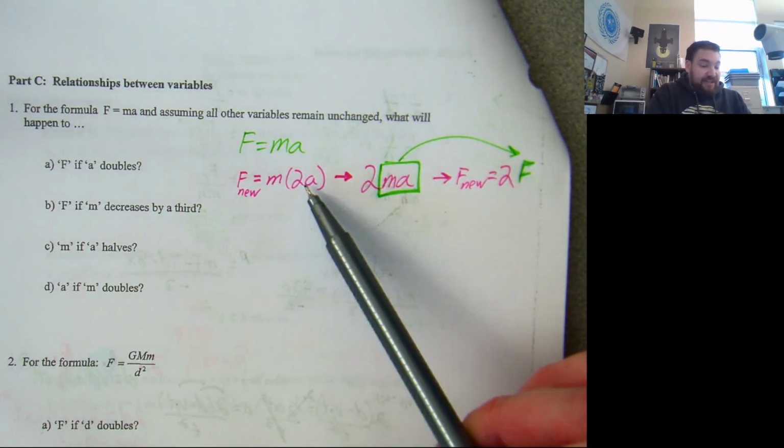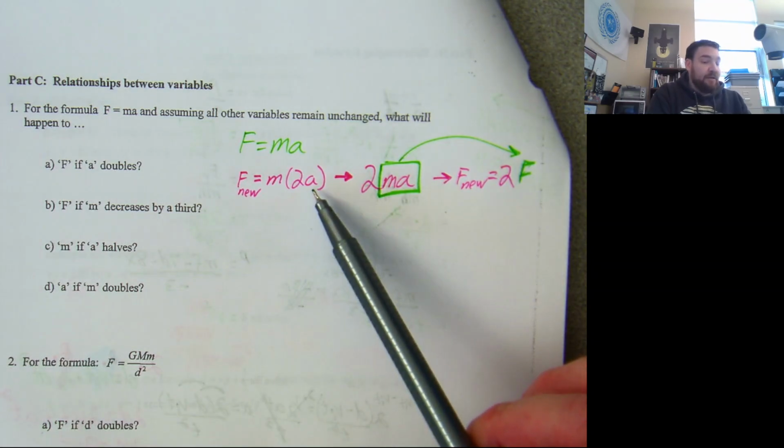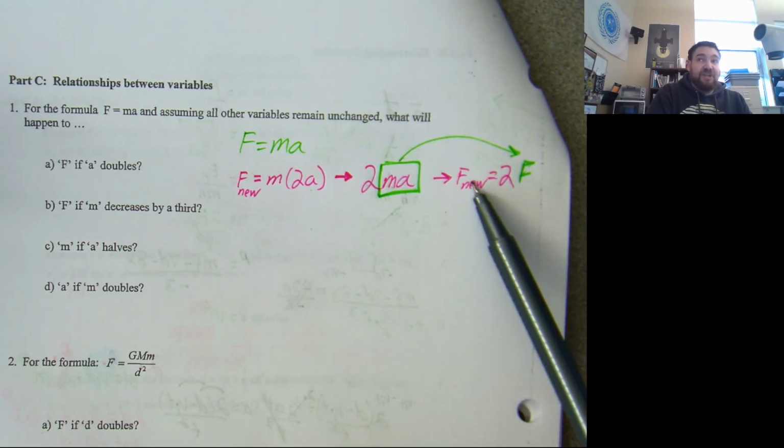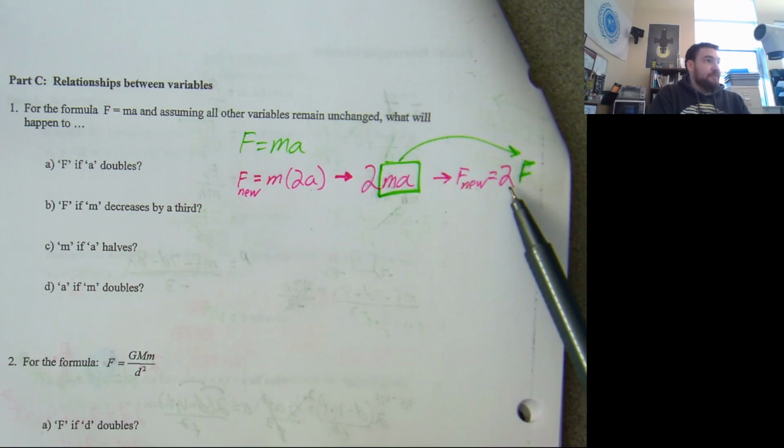So if I double the acceleration, if I double the value for A, what is the implication here for our value for F? It's going to be 2 times as big.